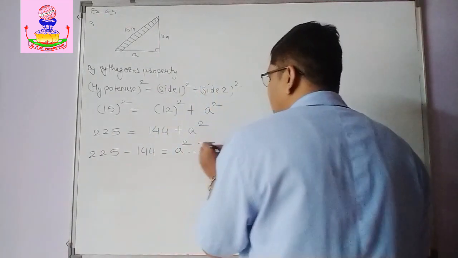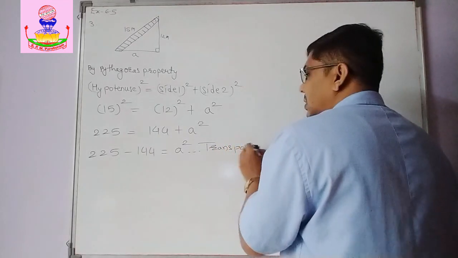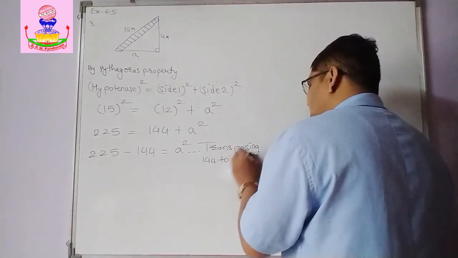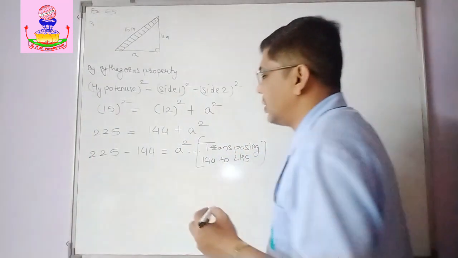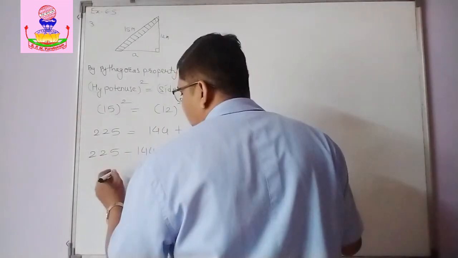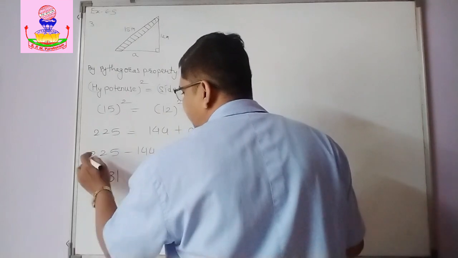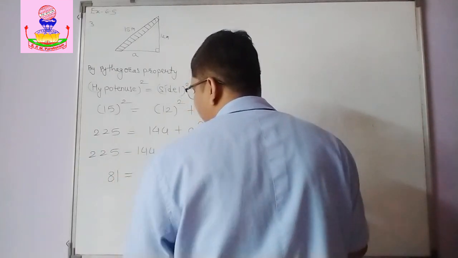What did you do? Transposing 144 to LHS. Reasoning is always better, so you understand what we are doing. Now 225 minus 144 is 81. So 81 is equal to A square.